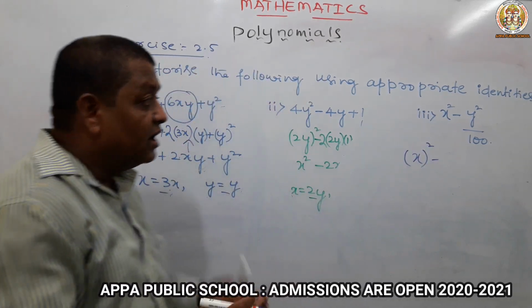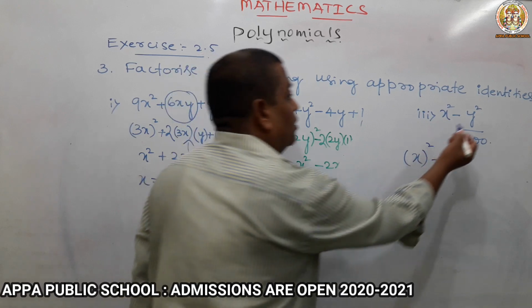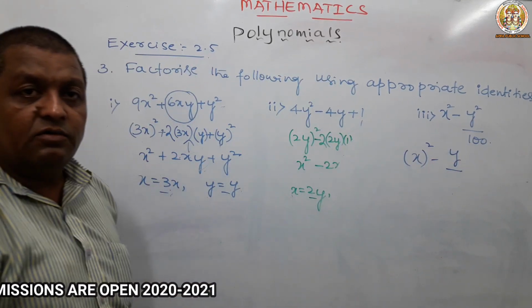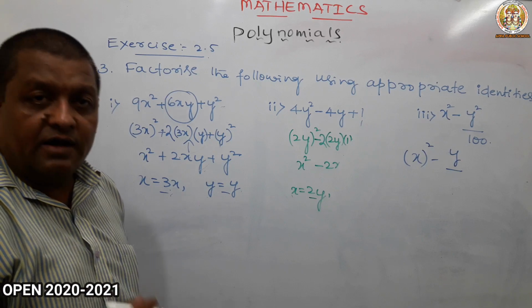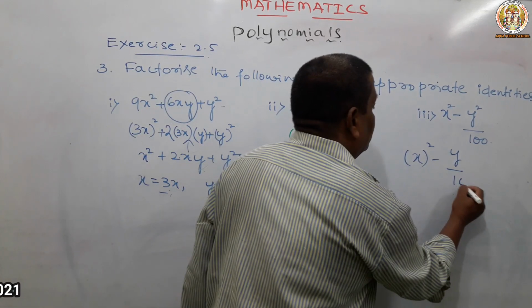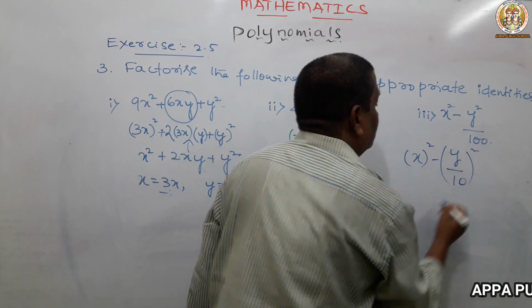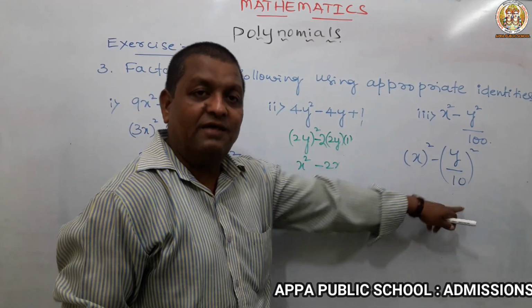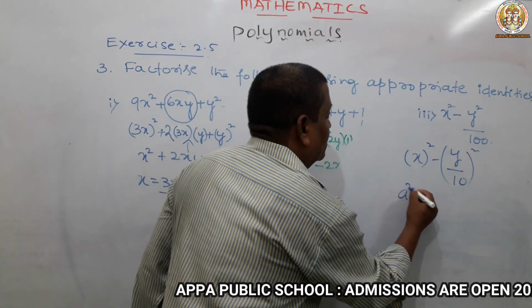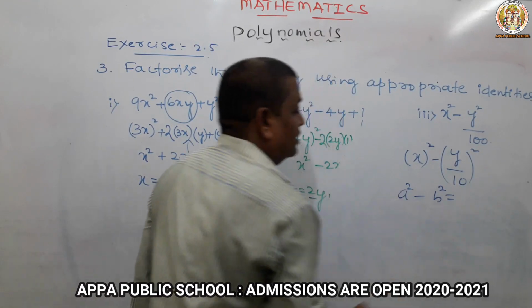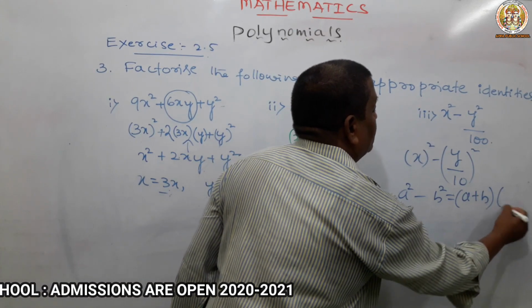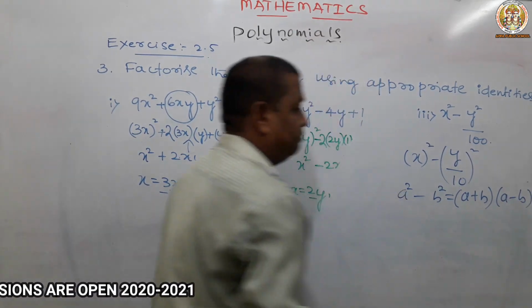We need to convert it into the square form. 100 is a perfect square, which is the square root of 100, 10. Everybody knows this. So 10 whole square. See, I already told you it is in the form of a square minus b square. So write that first. a square minus b square. What is the formula? Already we all know. a plus b into a minus b.